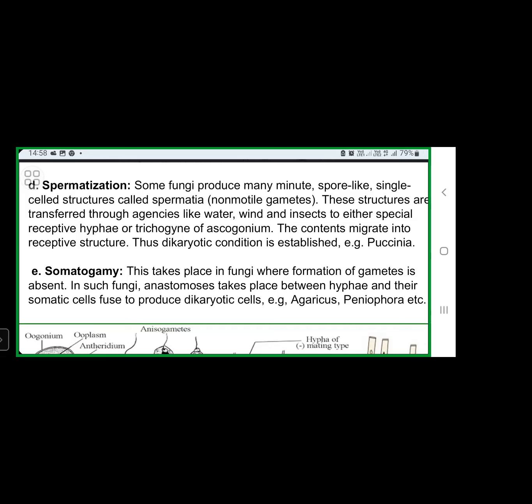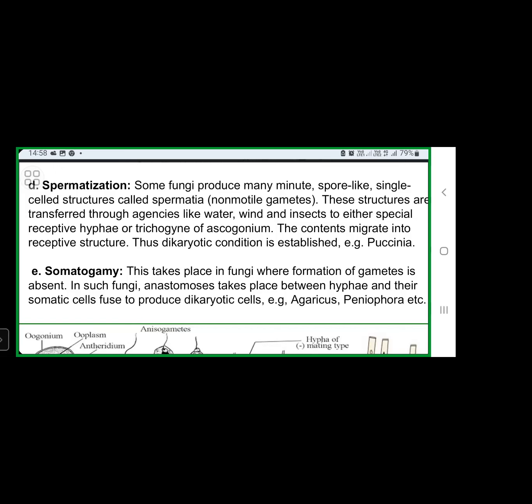These structures are transferred with the help of different types of agencies like water, insects, wind, etc. With the help of wind currents, water, and various types of insects, these spermatia, which are minute spores, can be transferred from the male reproductive structure to the female reproductive part, which is called the receptive hyphae.